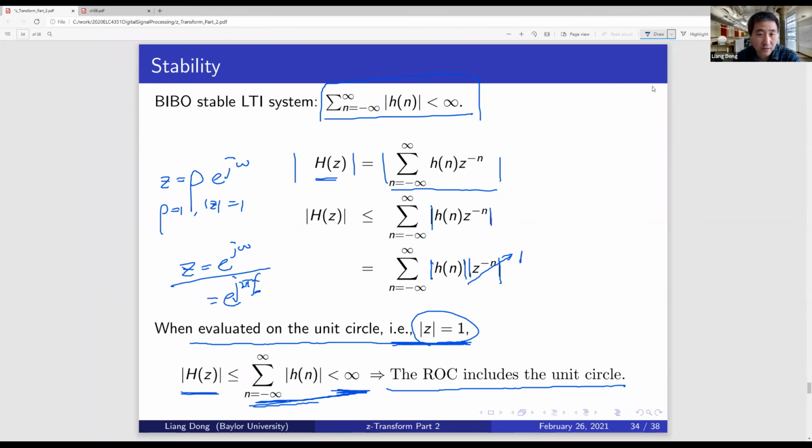If the system is stable, that means everything should converge. In other words, for a stable system, the unit circle should always be in the region of convergence.